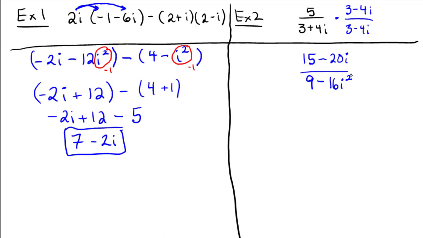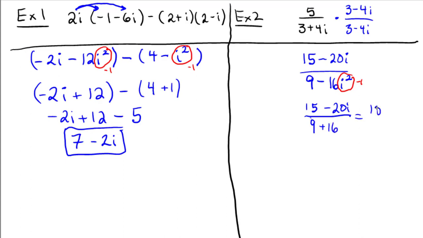So yet again, i squared is negative 1, so we're going to replace that with negative 1. So in the numerator we have 15 minus 20i, and in the denominator we're going to have 9 minus negative 16, because 16 times negative 1 is negative 16, so we'll get 9 plus 16 effectively.